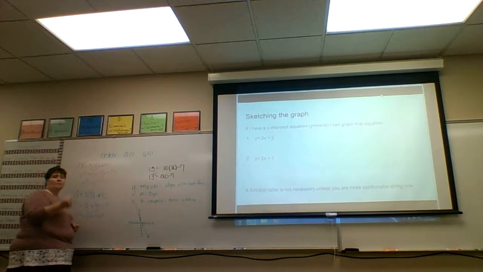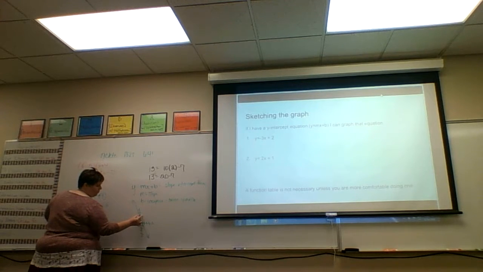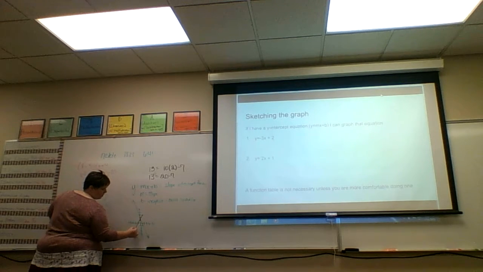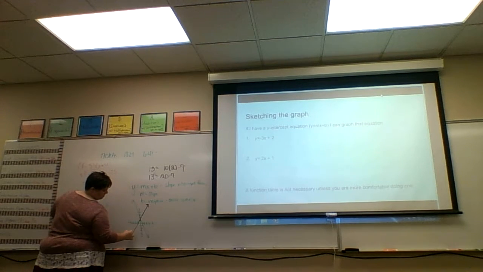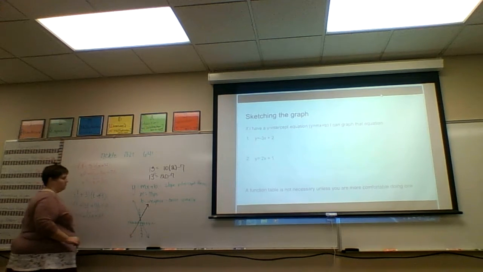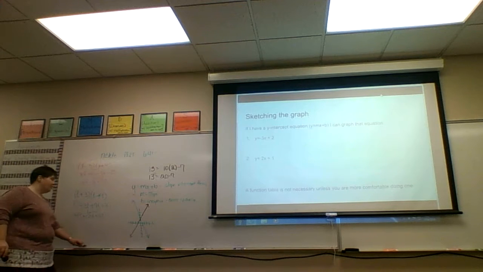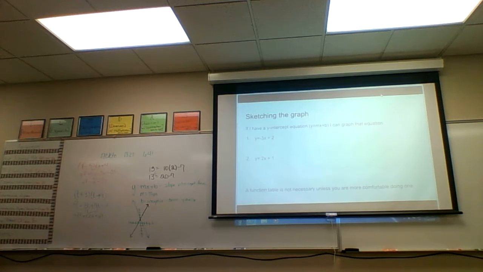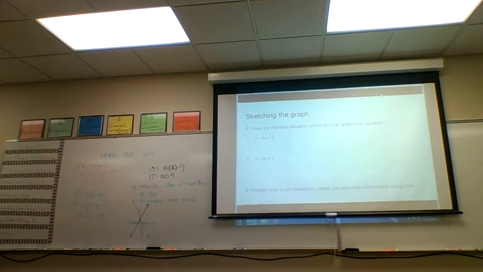The 2 means I go up 2 over 1. So 1, 2 over 1. And that would be my line there. Remember, I told you a long time ago, a function table is not necessary. As long as I have what the slope is, and I have where it crosses over the y-axis, I don't need that whole function table. Okay?